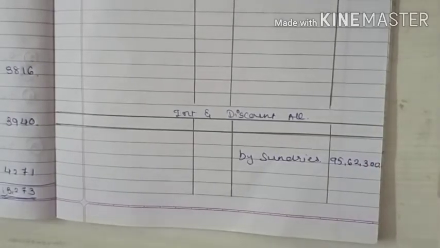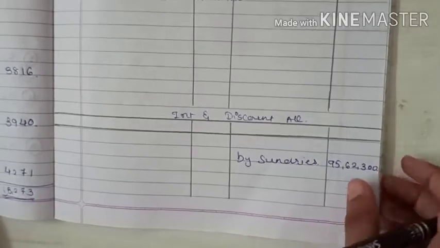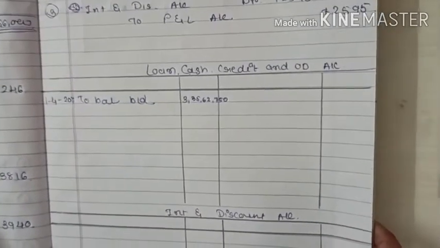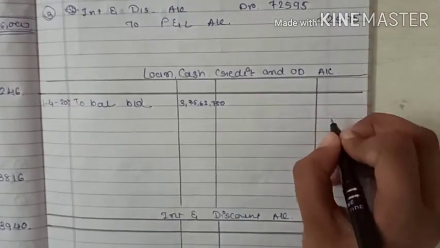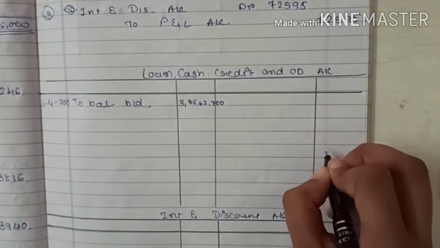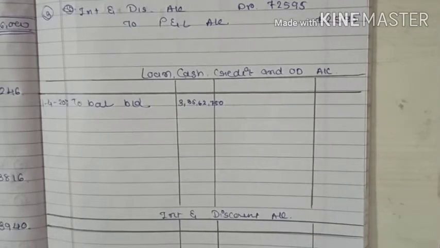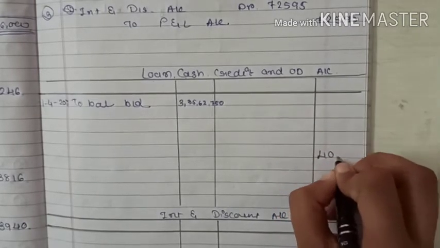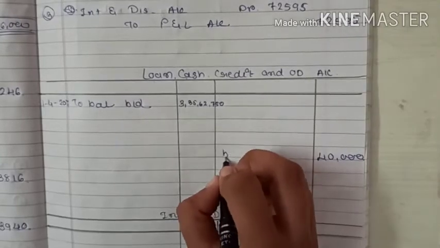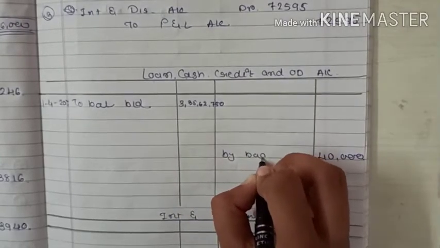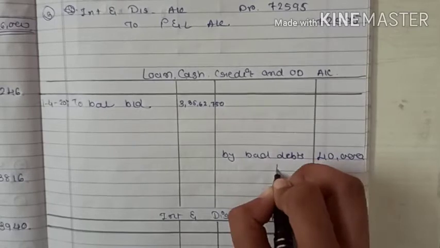Understood? Then during the year 40,000 has been written off as bad debts. Out of that total interest we have found out that 40,000 is a bad debt. So the journal entry will be 40,000 rupees of bad debts. So by bad debts account.